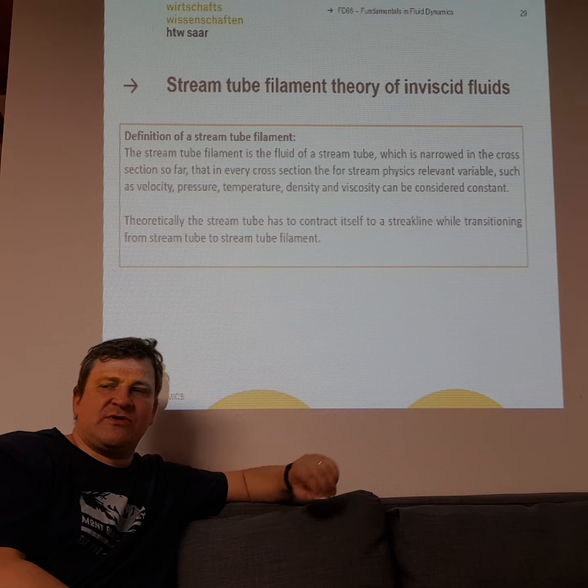So here we have again our filament. If you use the filament flow theory, you have an area where you make a balance for your fluid, where the fluid enters. You have a certain path length, and if you have the path length and the area, you can calculate the volume and the volume flow, and depending on the volume flow, if you have the density, you can also describe the mass flow in this filament.